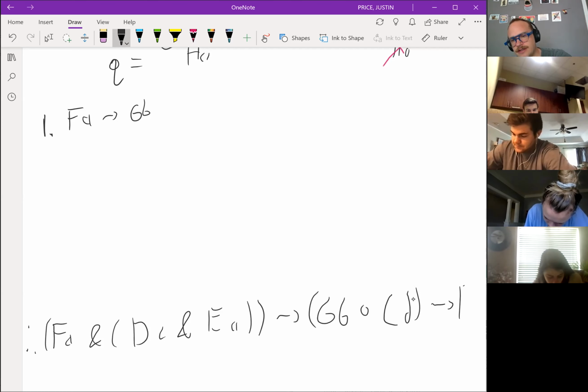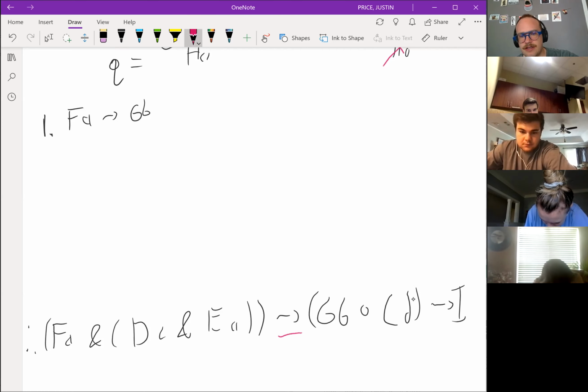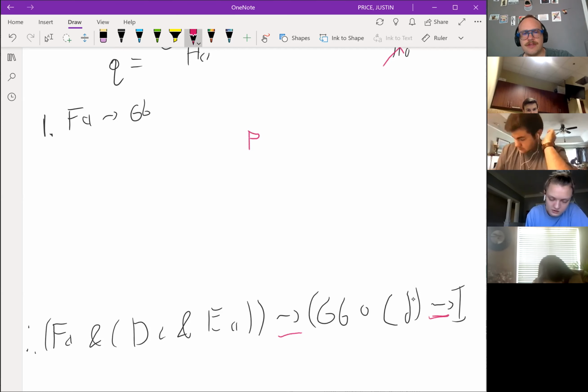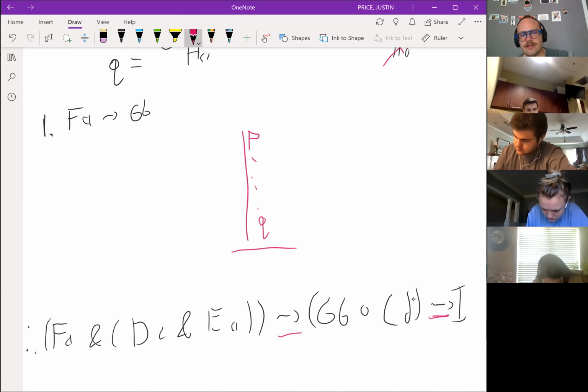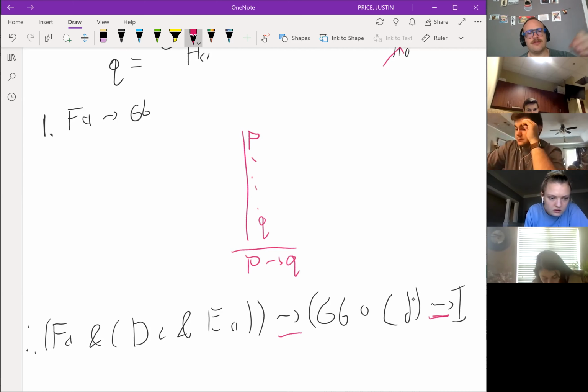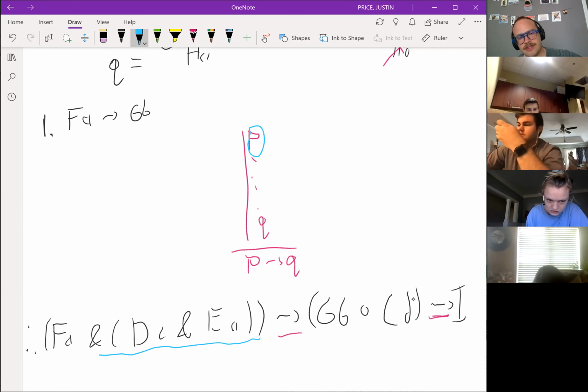All right. Well, the main connective here is arrow. So arrow introduction. We know the schema for arrow introduction is something like this, or exactly like this. That helps us figure out what to write down. So we've got the P part here, and that would be this whole well-formed formula, right?